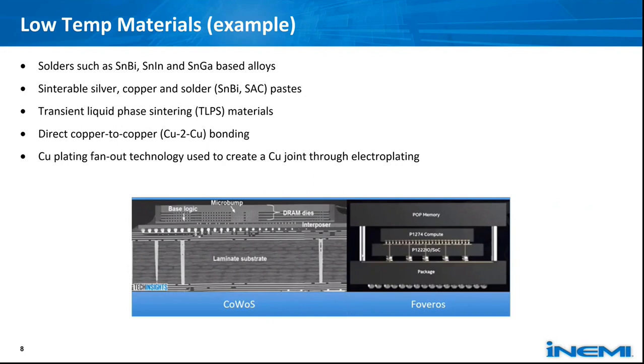interconnect. Now, before we move into the details and timelines for this project, one thing to clarify is that these low temperature materials could be solders, typically alloys with low temperature materials such as tin bismuth, tin indium, tin gallium, etc. There could be some combination of these alloys as well.